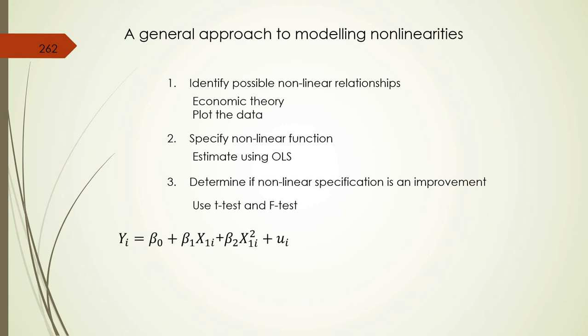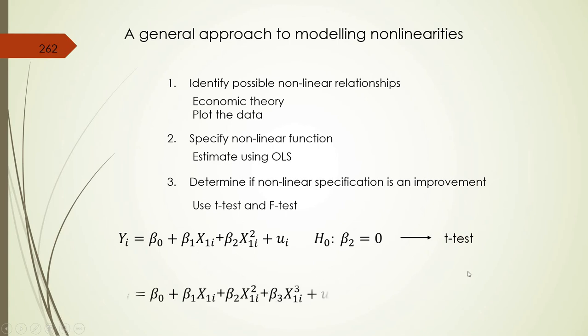For example, we have squares here, and we can check whether beta 2 is different from 0 or equal to 0. If we reject the null, then we will keep this element in our equation. If not, then we will erase it. If we have even cubes, then we can test them together as a joint hypothesis, beta 2 equals beta 3 equals 0, doing the F-test and checking if this is statistically significant or not.